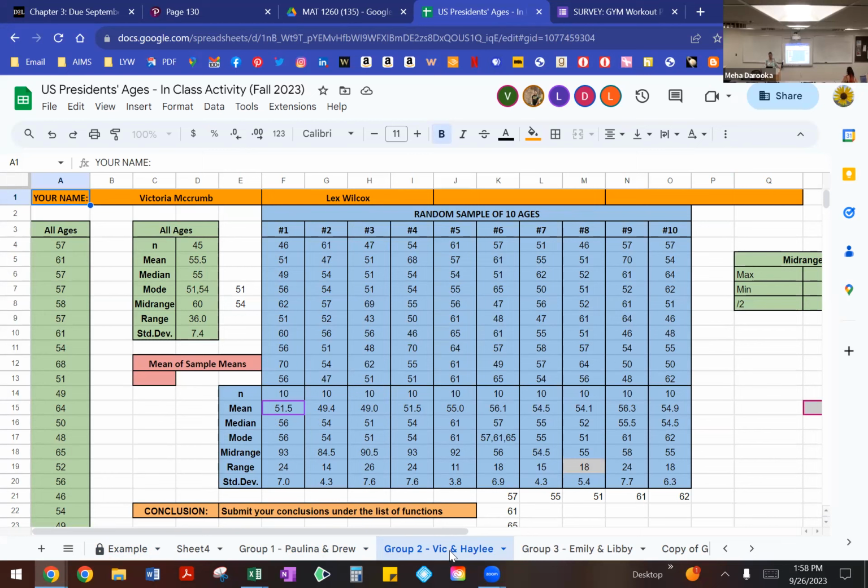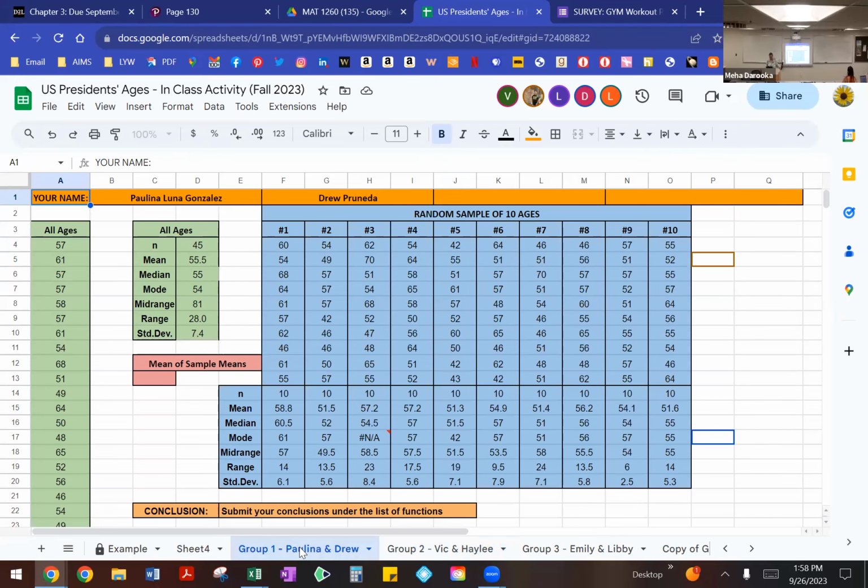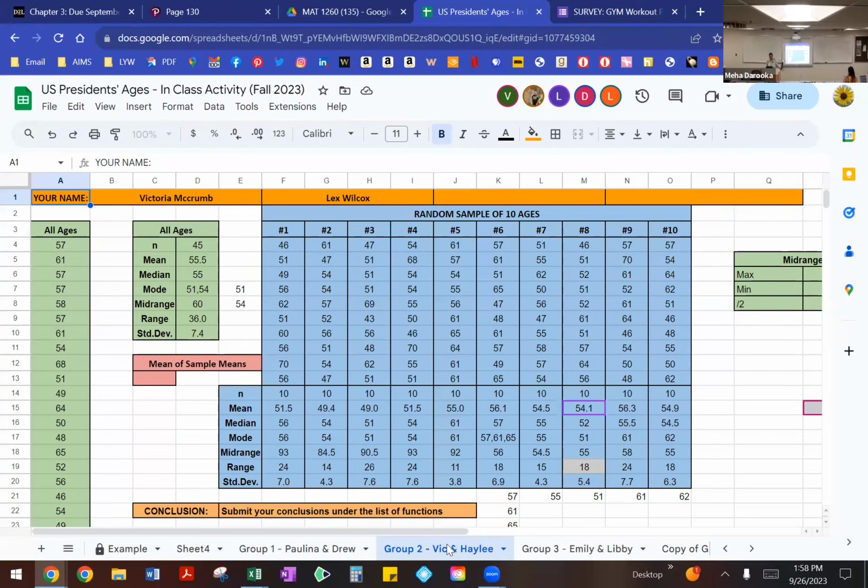Because then that tells us we have an evenly distributed set if all 4 of those calculations are closer together.